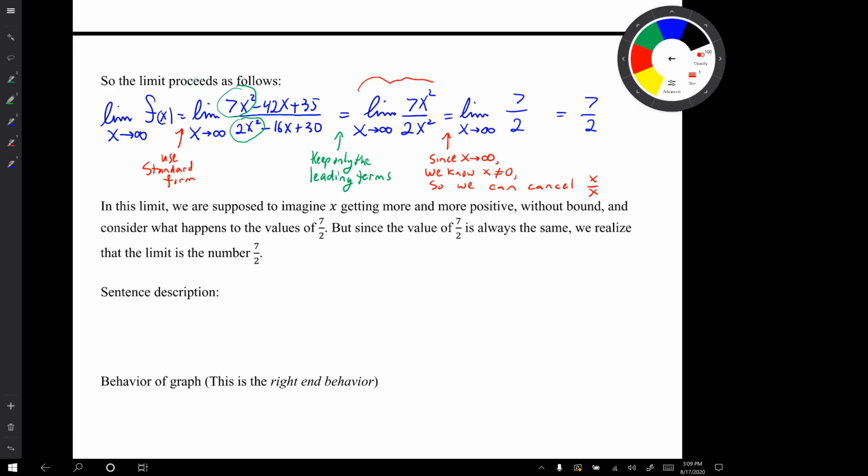Because remember what I said a few minutes ago, when x is huge and positive, these leading terms are gigantic, and so they determine the behavior of the ratio.